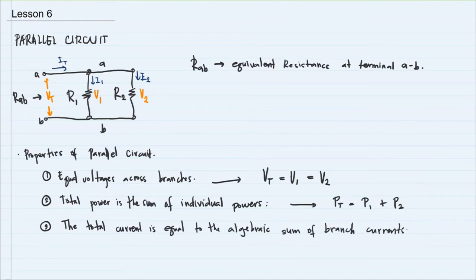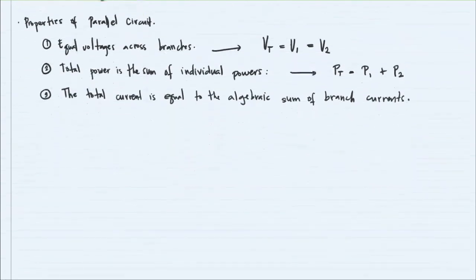We will try to derive a formula for this, or prove this concept, by using the second property that we have discussed, that P total is equal to P1 plus P2, and the first property, which says that Vt is equal to V1 is equal to V2.